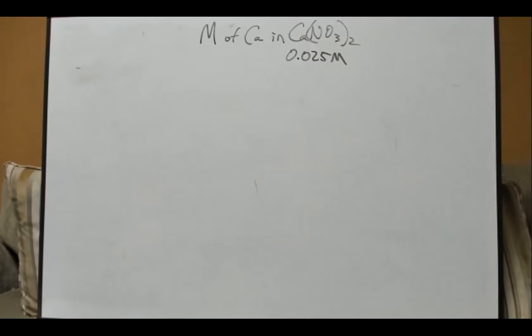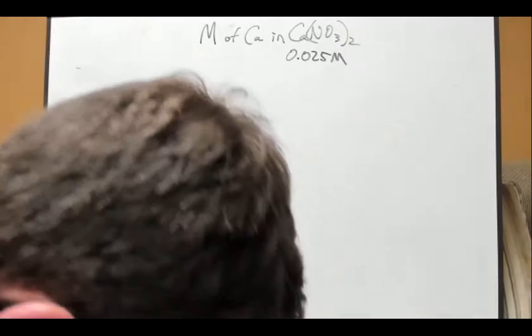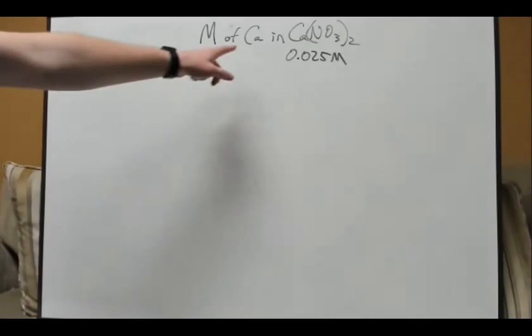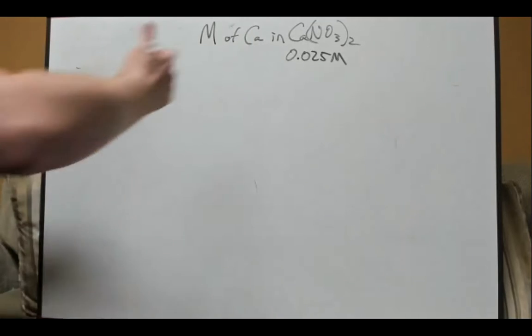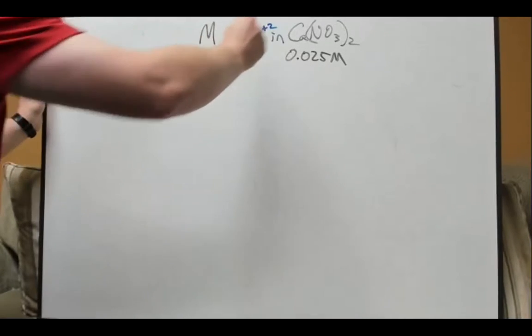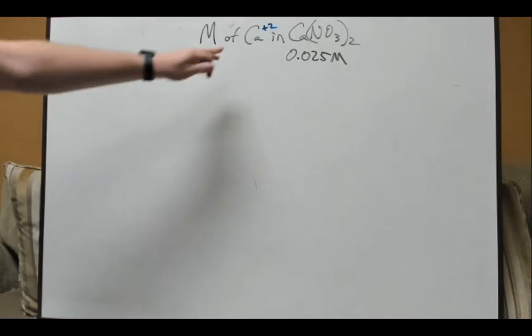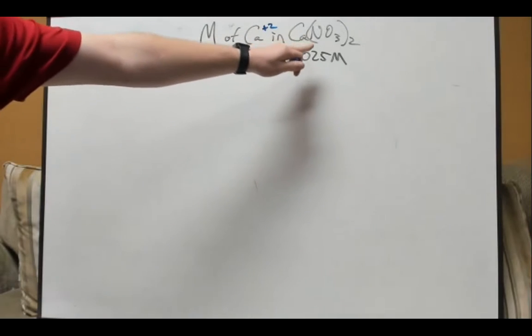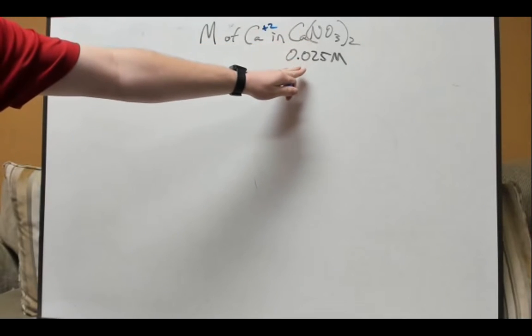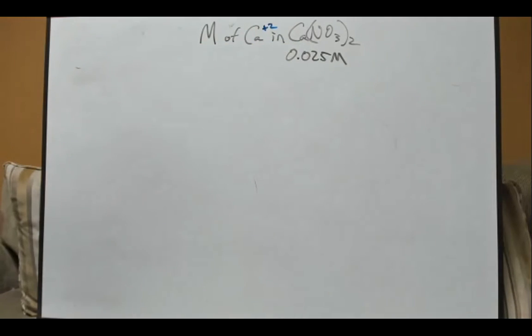What I want us to think about is the molarity, the concentration, of calcium ions. To be precise, I want to know how many calcium ions are in 0.025 molar calcium nitrate.